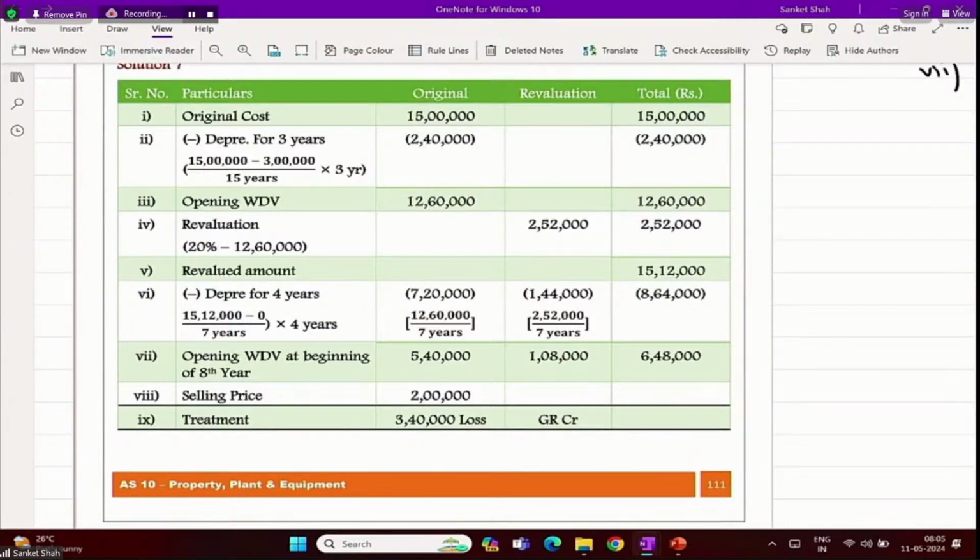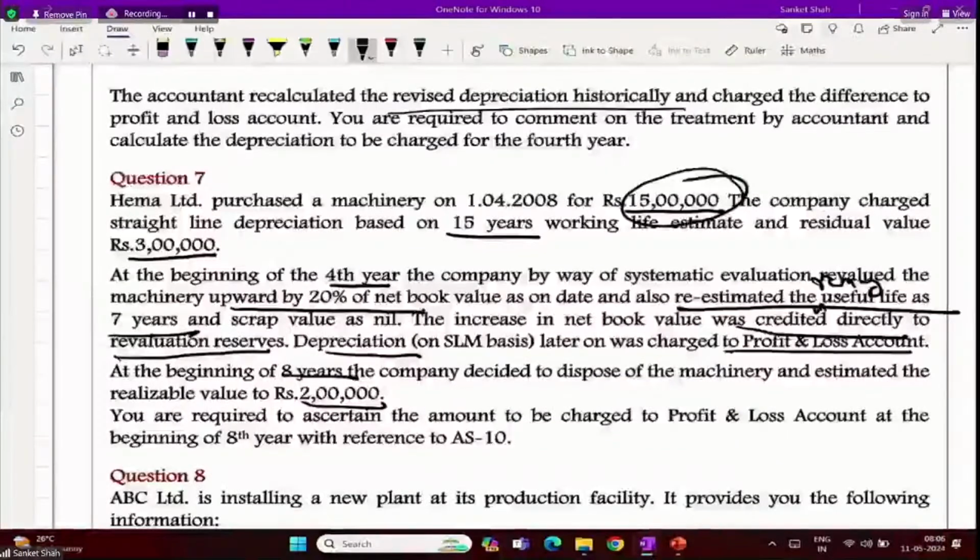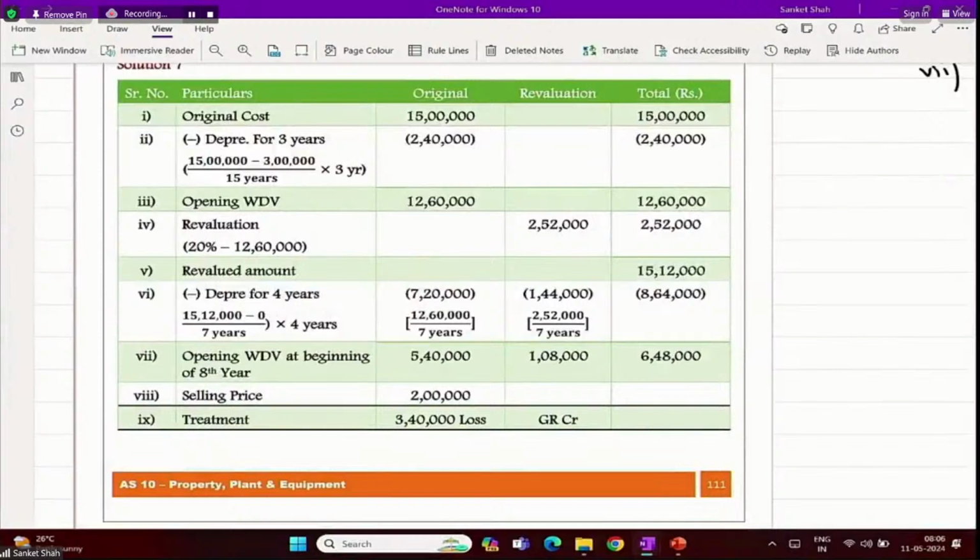On the revaluation part, depreciation you will not transfer to the P&L account, but the depreciation on the revalued amount will be transferred in the revaluation surplus. So your revaluation reserve account gets decreased, and the balance in the revaluation reserve you will transfer to the general reserve account. Correct? Chalo, so you got the answer.